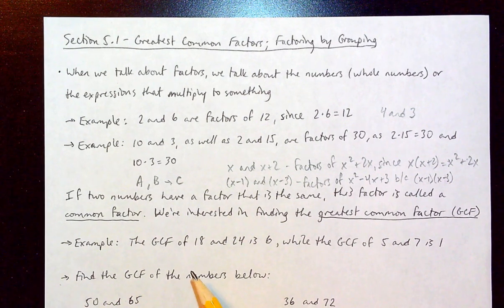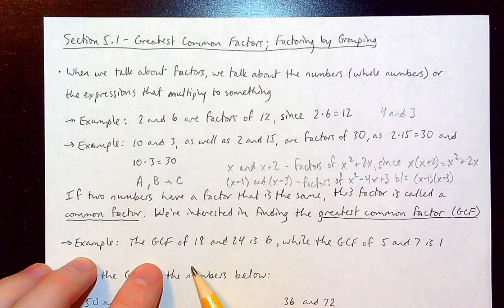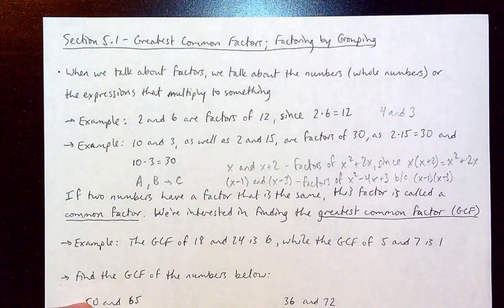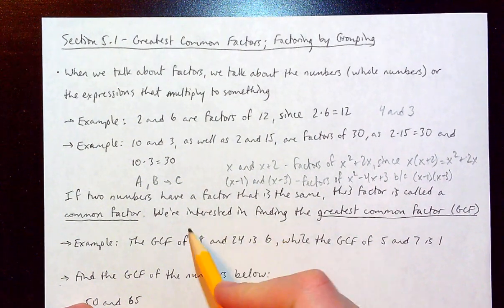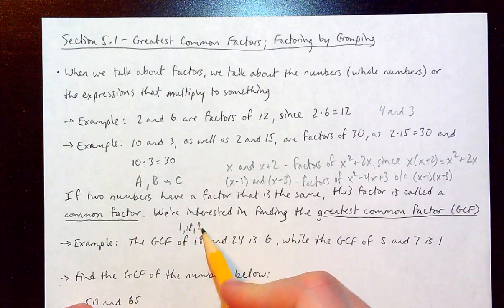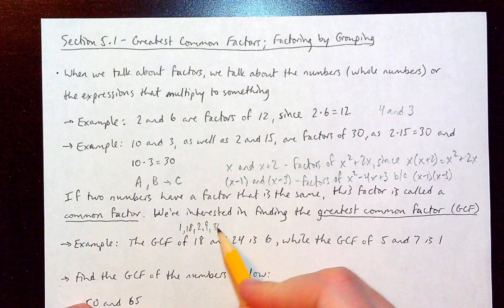A couple samples here. The GCF, or greatest common factor, of 18 and 24 is 6. Because if you listed out all the factors of 18 and all the factors of 24, you would find that the largest number that's in common to both of those lists is 6. I can go 1, 18, 2, 9, 3, and 6 there.